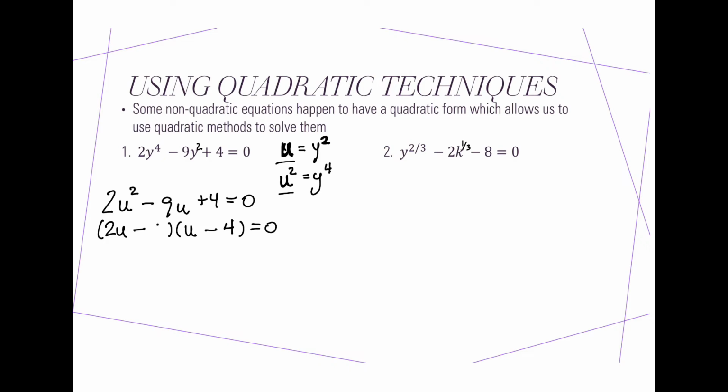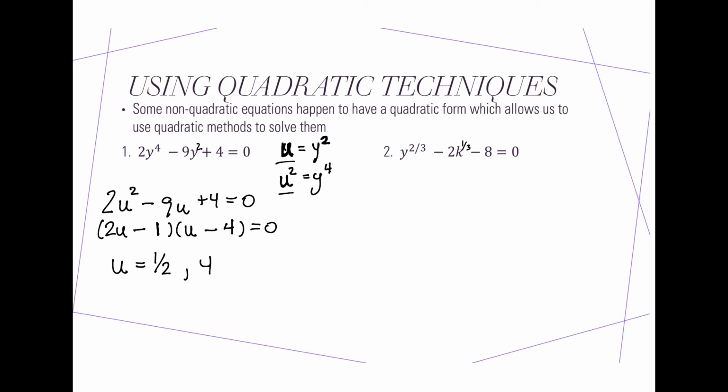So 4 and 1, this gives me negative 8 plus negative 1, which is negative 9. And so I know that this is the correct factorization of this. So my two solutions for U then are, and let's keep in mind these are solutions for U, positive 1 over 2, and positive 4.